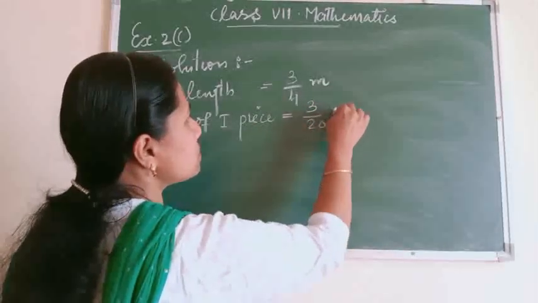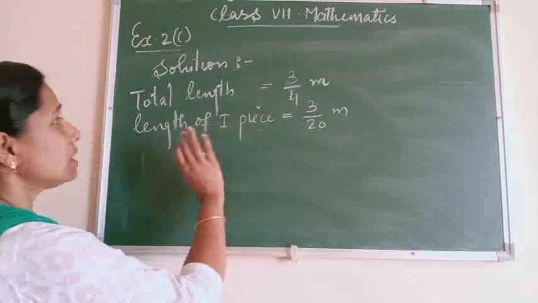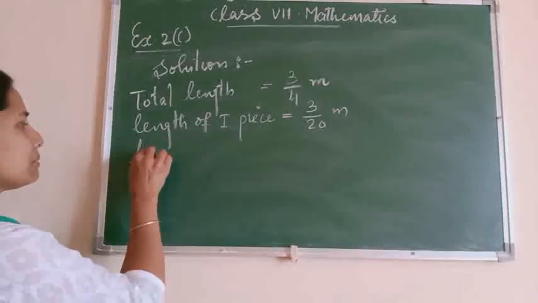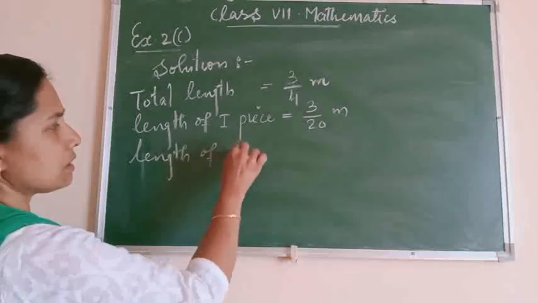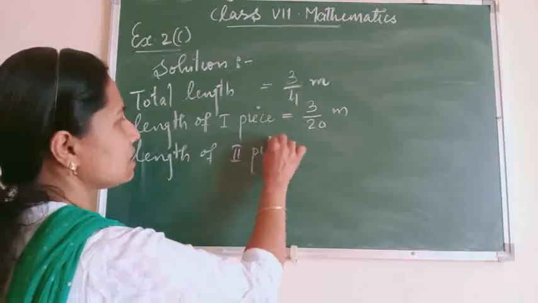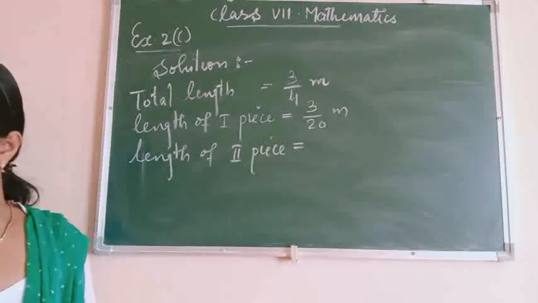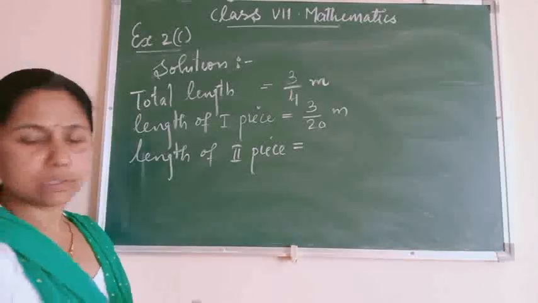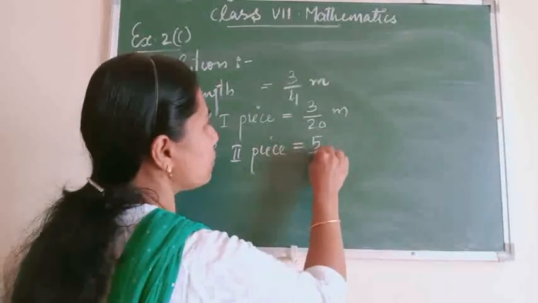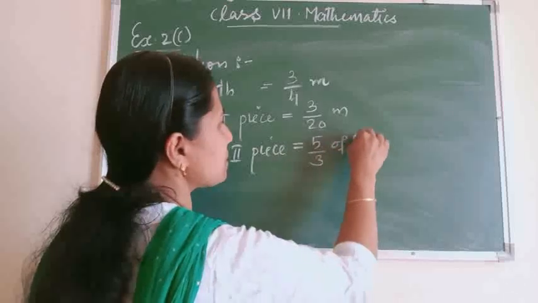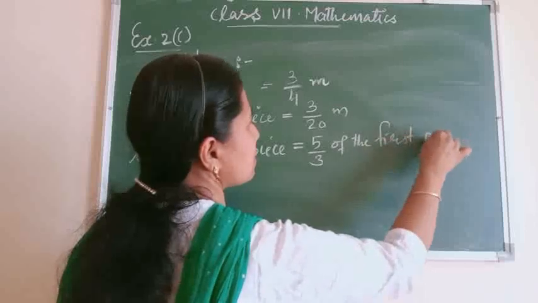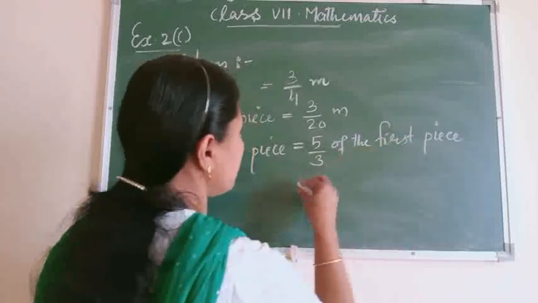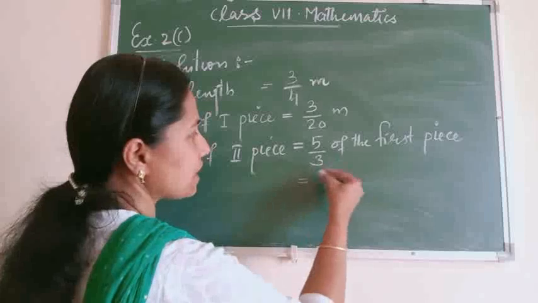These two are directly given in the question. Now we are finding the length of the second piece. It is given that the length of the second piece is equal to 5/3 of the first piece. So here we are finding out the length of the second one.